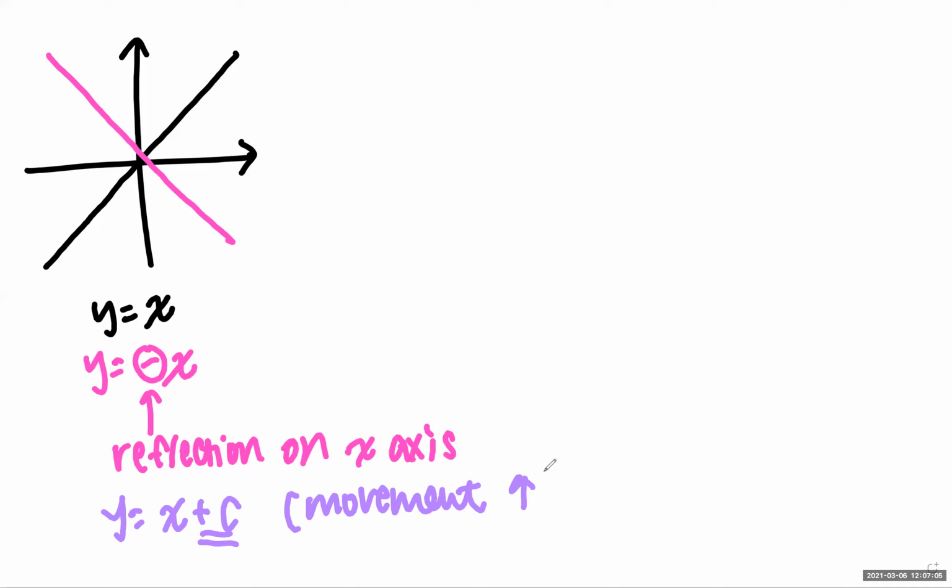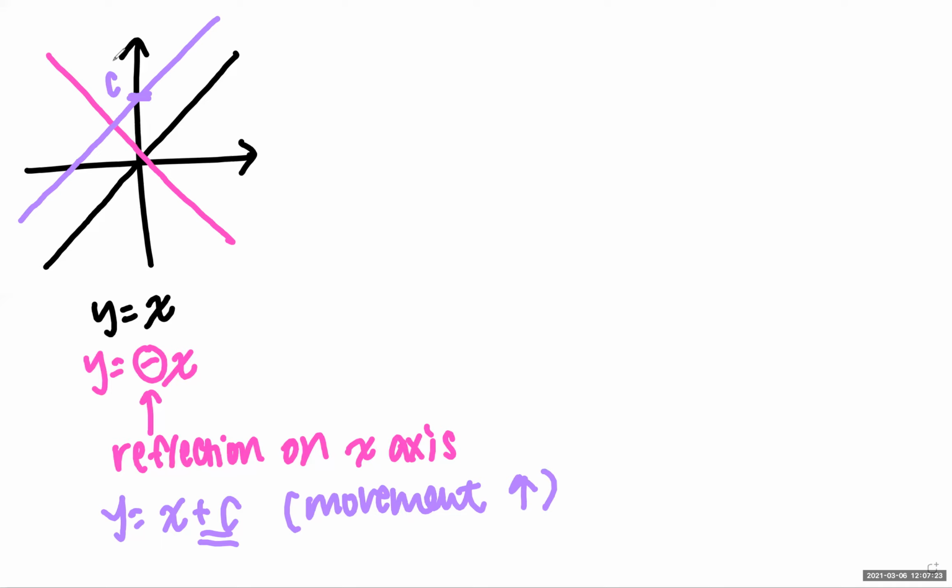Movement up means I move the graph up by c, whatever c value. Right now, can you see it's almost parallel, right? And this point here is c. You all got it? So that is the purple one.